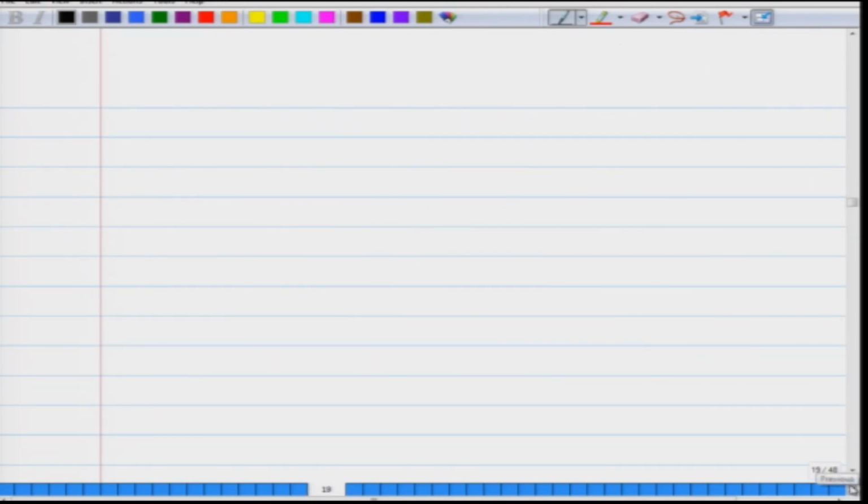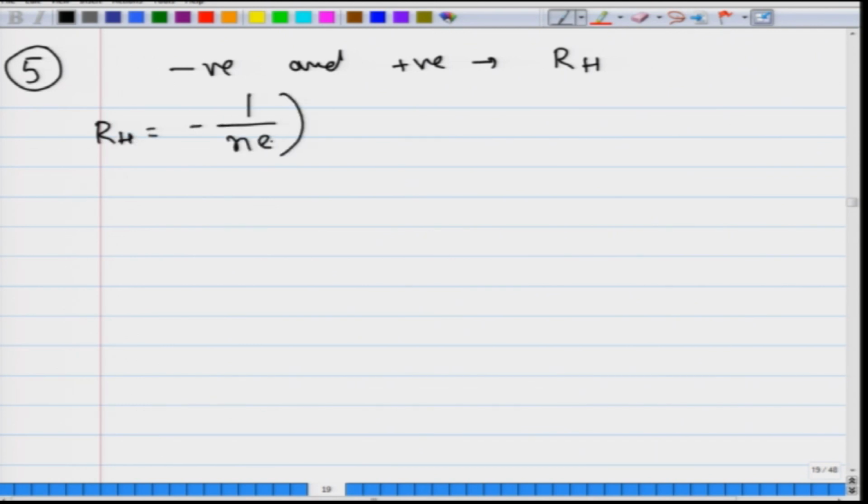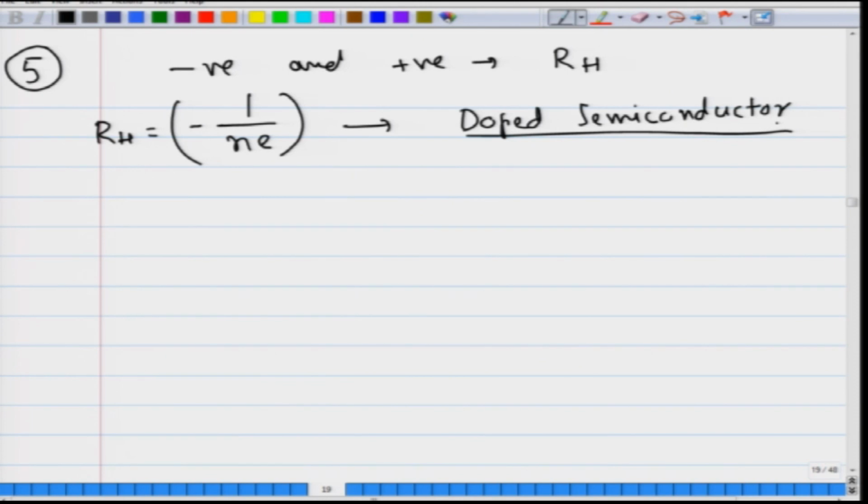For the next problem, problem number 5, which can have both negative and positive Hall coefficient RH? We know the form of RH is minus 1 by n. Now, for a doped semiconductor, suppose it is an intrinsic semiconductor and the carrier charge is electron.